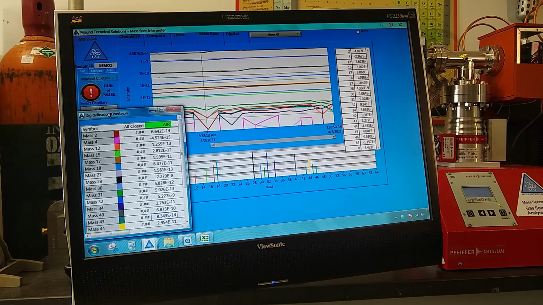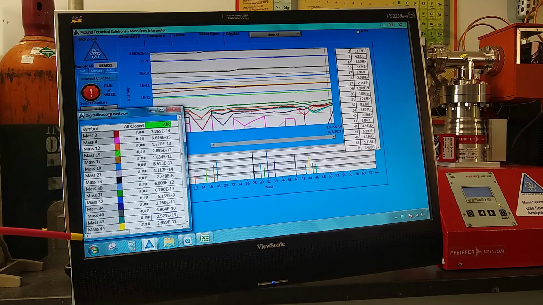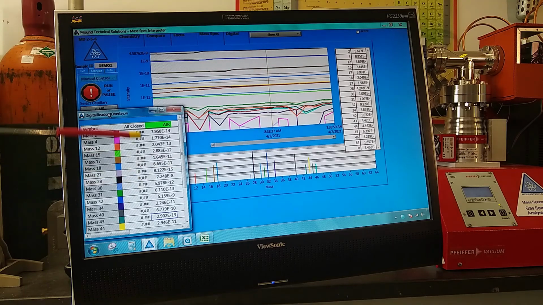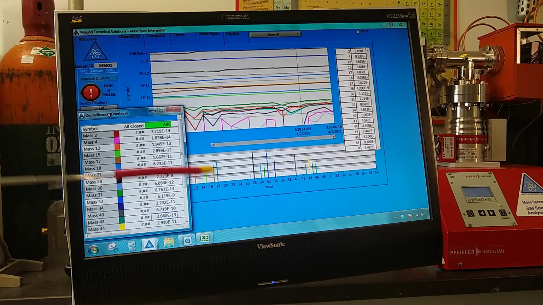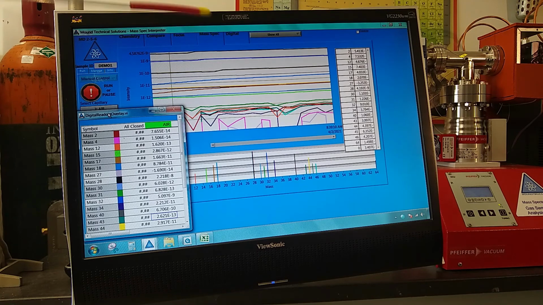We'll get that window out of the way so that we can see the data coming in. So what you find is that you've got various mass units assigned various colors that are being plotted, and associated with that are the ion current intensities over here. The highest ion current, the highest intensity, is the most significant component in the gas.